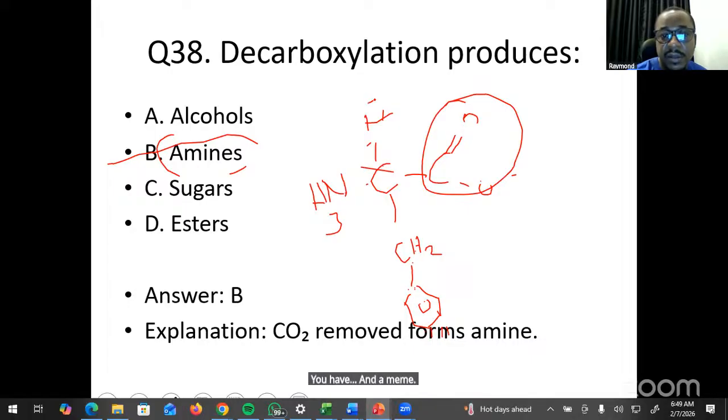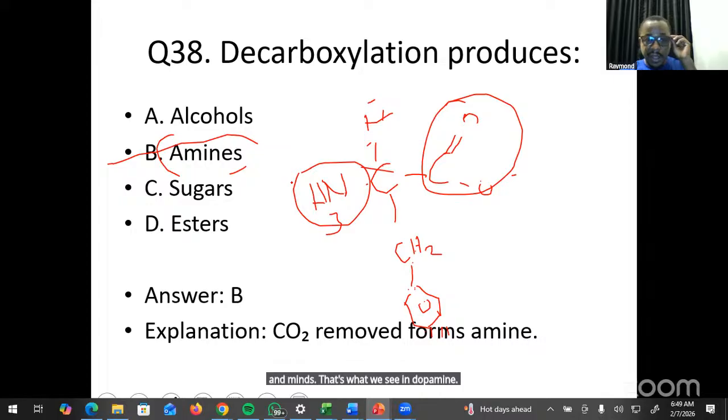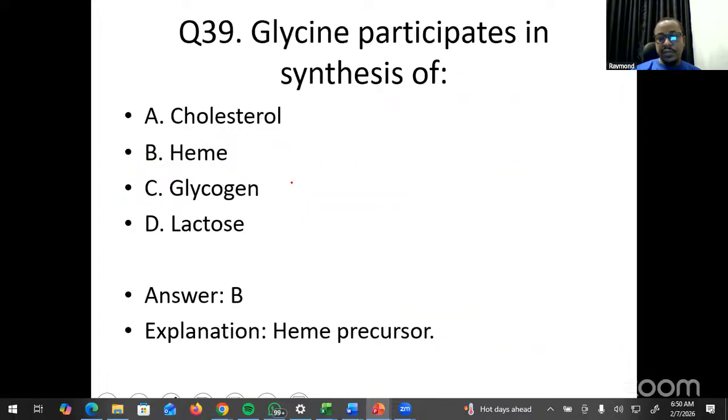Only this one will be present, so it's called an amine. That's what we see in dopamine, and I think even in serotonin, but the major one here is dopamine. The decarboxylation of L-dopa will give dopamine.